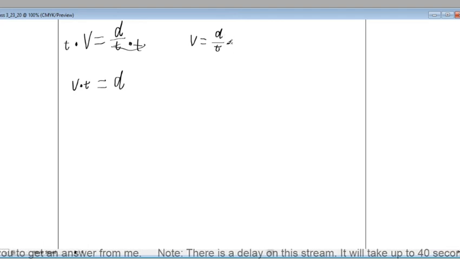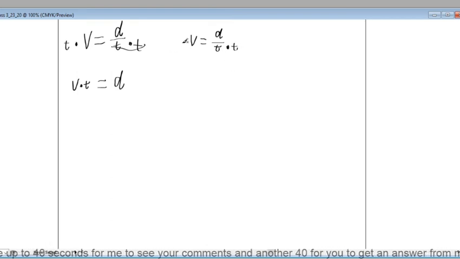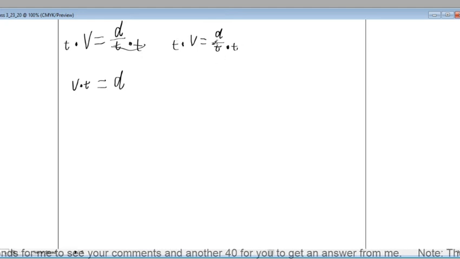Well, I can't multiply by d. If I multiply by d, I just get d squared over t. So I'm going to have to do something a little bit strange here. Just bear with me. I am, again, going to multiply by t. And the reason I'm going to do that is because it's the fraction that's giving me trouble here. I want to get rid of that fraction. So t cancels there.